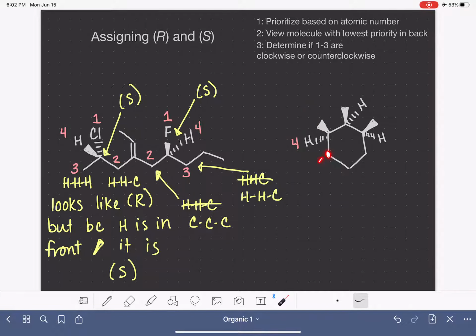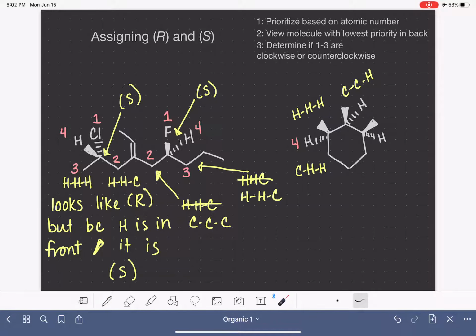This is a carbon with 2 hydrogens and 1 carbon. This is a carbon with 1 hydrogen and 2 carbons. So we have hydrogen, hydrogen, hydrogen versus carbon, hydrogen, hydrogen versus carbon, carbon, hydrogen.